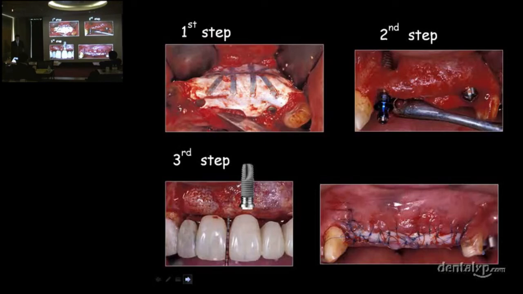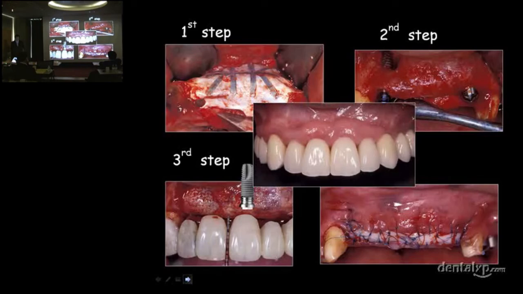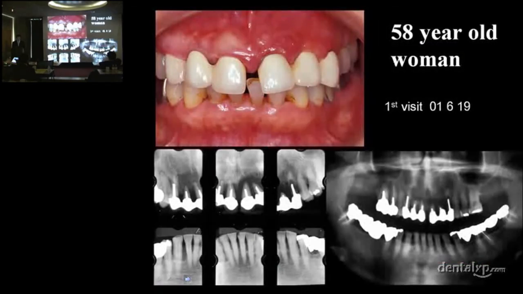Finally, an implant was placed in the most critical aesthetic area, and at the same time, the soft tissue augmentation procedure was performed. In a case like this, with a severely damaged ridge, well thought out timing of procedures is the key to success.